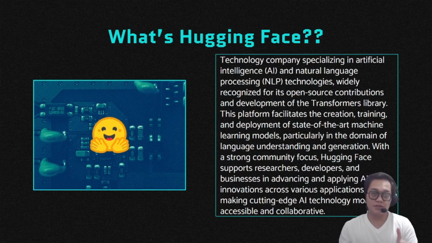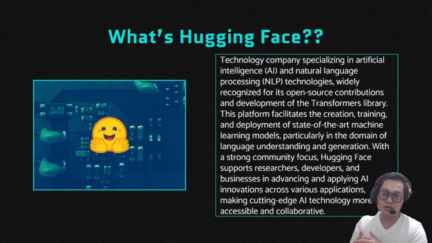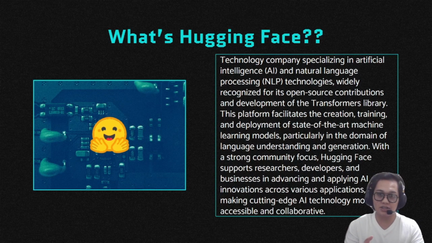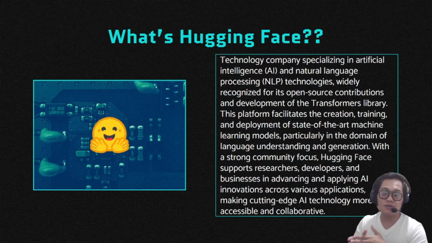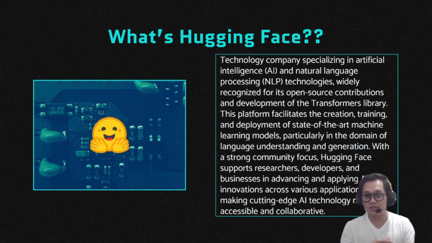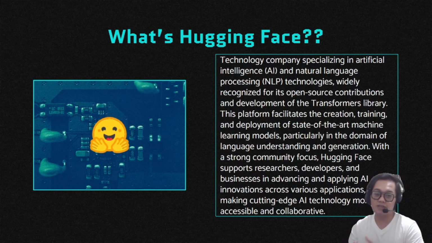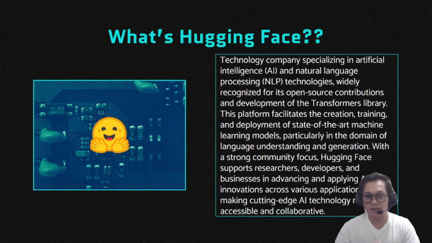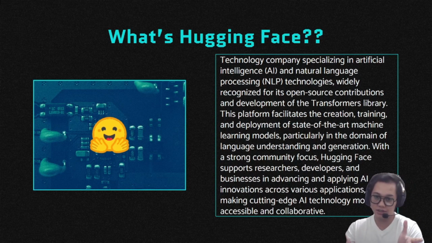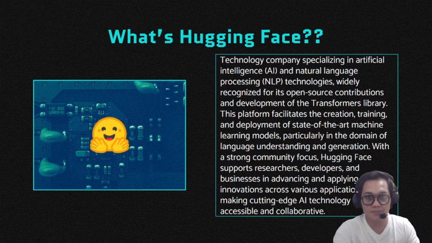This platform facilitates the creation, training, and deployment of state-of-the-art machine learning models, particularly in the domain of language understanding and generation. With a strong community focus, Hugging Face supports researchers, developers, and businesses in advancing and applying AI innovations across various applications, making cutting-edge technology more accessible and collaborative.